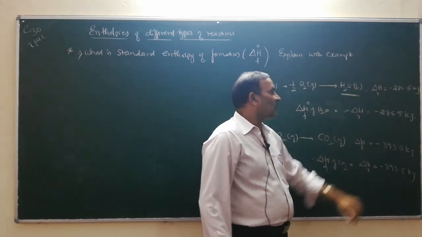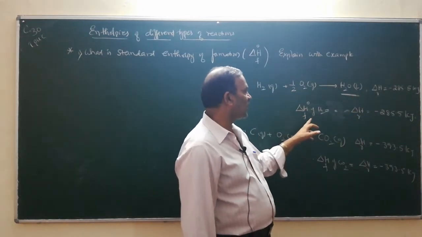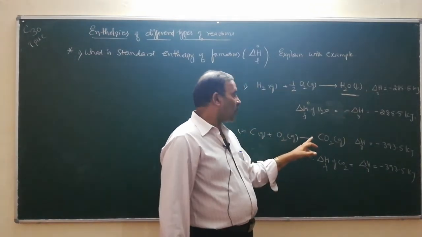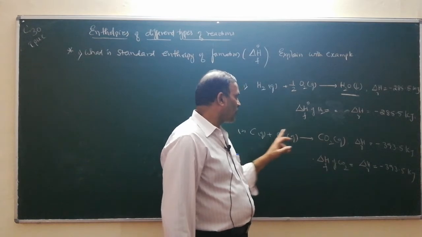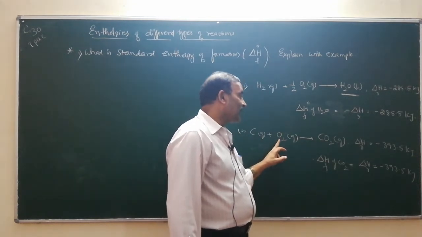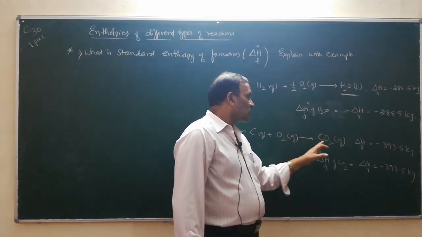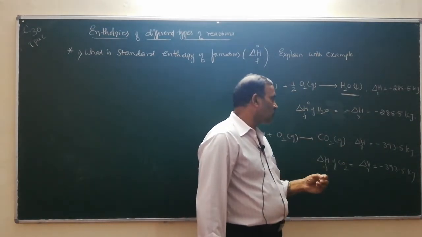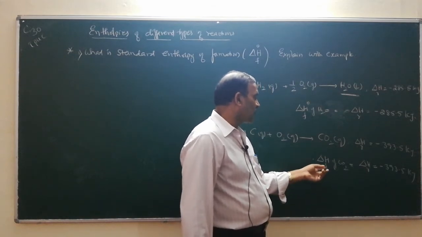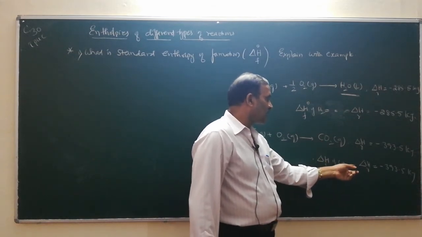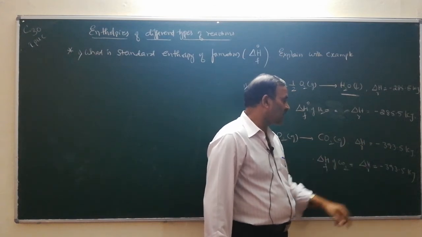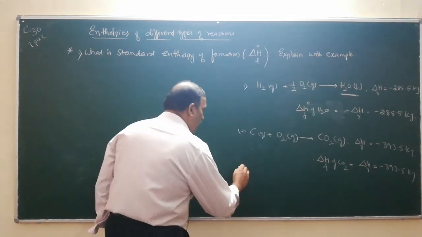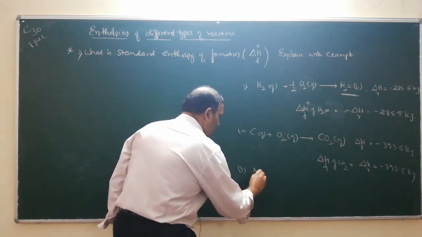In the second example, also 1 mole of carbon dioxide is formed from its elements. So the amount of heat liberated is minus 393.5 kilojoules. Therefore, the enthalpy of formation of carbon dioxide is also equal to the enthalpy of this reaction, that is minus 393.5 kilojoules.